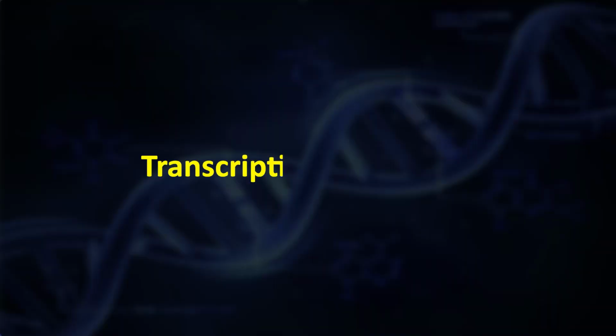Transcription of eukaryotic genes by polymerase I and III is initiated in a similar manner, but the promoter sequences and transcriptional activator proteins vary. Dear students, let's now discuss transcription elongation.